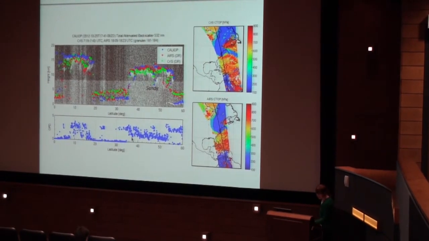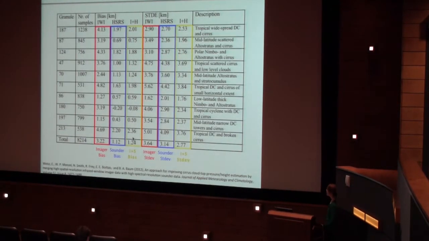Okay, so this is now a table showing also the comparison with CALIPSO. It shows the bias and the standard deviation of the imager alone, the sounder alone, and a merged imager and sounder product with respect to CALIOP for different cloud scenes. So this is from this paper here.